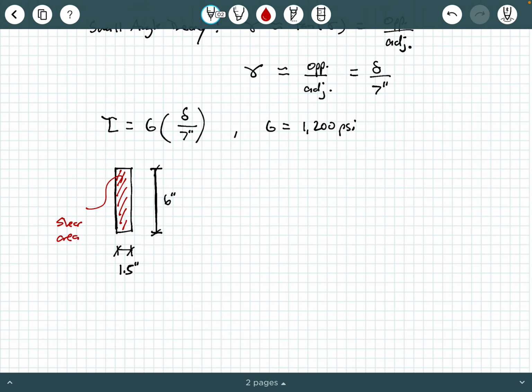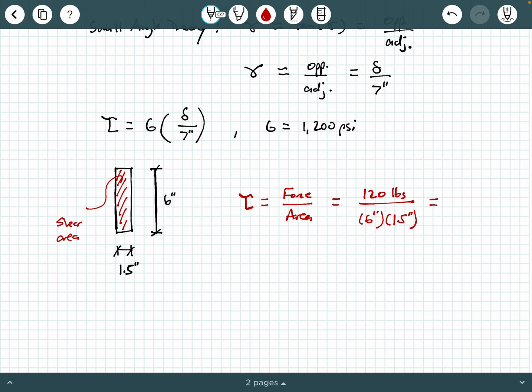And so what we can do is say tau, the shear stress, is force divided by area, but in this case it's our shearing area, right? So it's going to be the 120 pounds divided by 6 inches times 1.5 inches.